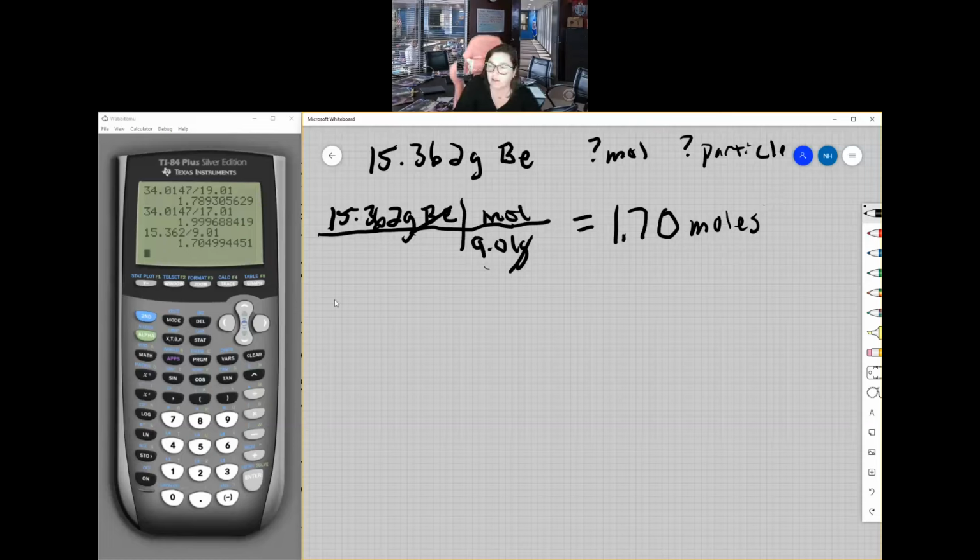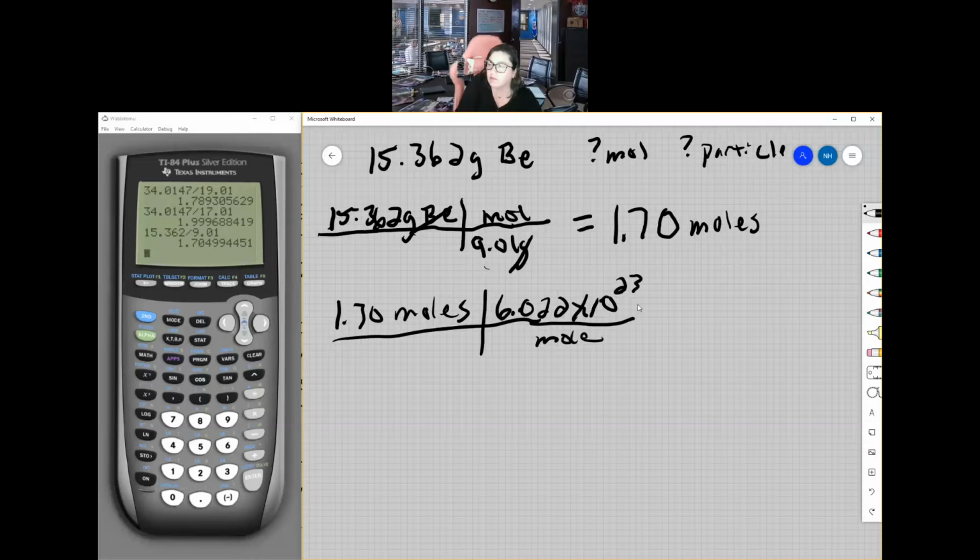In order for me to do that calculation, I can either take the result that I just found and multiply that by Avogadro's number, or, and this is the way I always do it, I indicate the part of the calculation that I've already done.